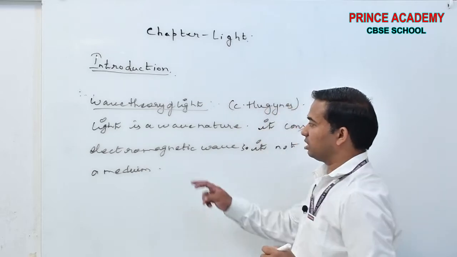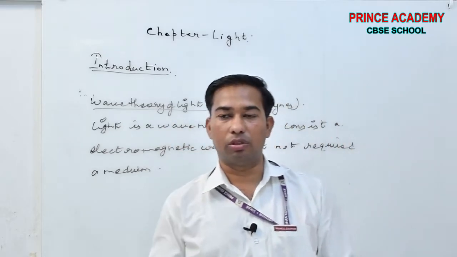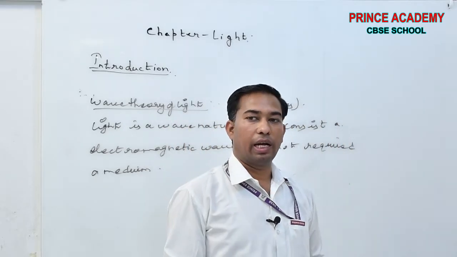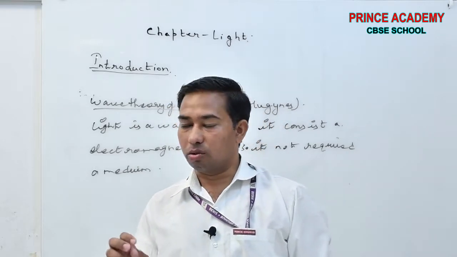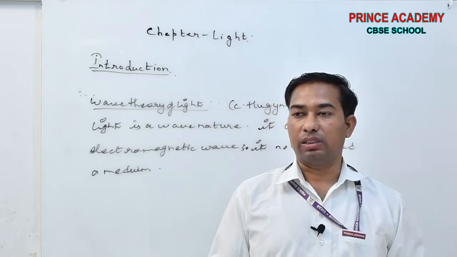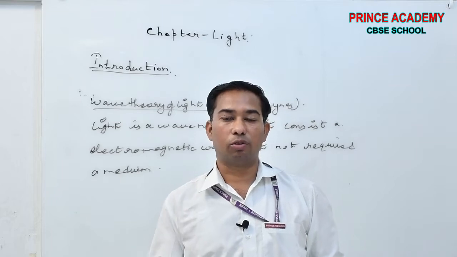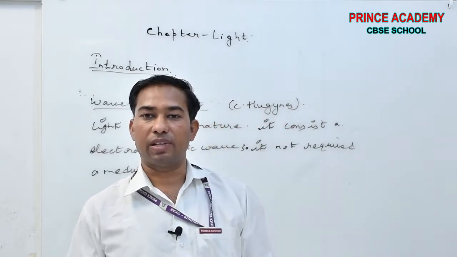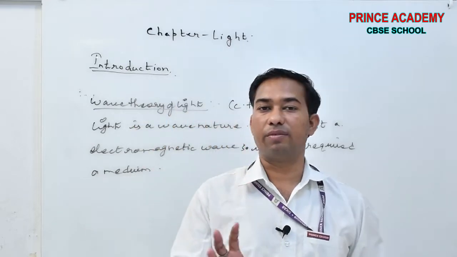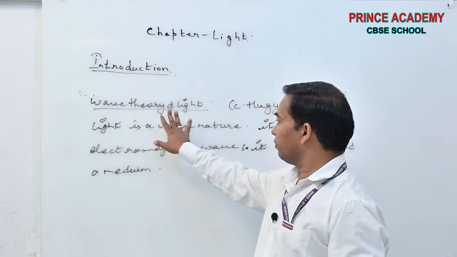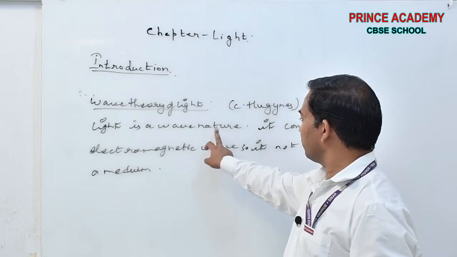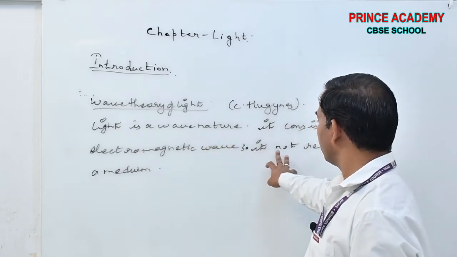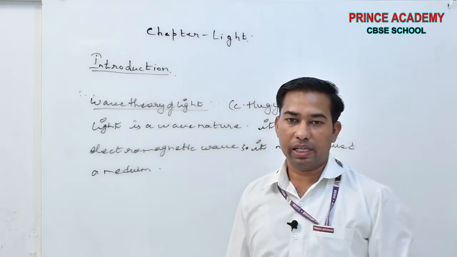How can you imagine the wave theory of light? Just like a pond where the water is still, when you dip a stone in it, layers of waves are produced outward from the place where the stone is dipped. Such waves are just like the wave theory of light. Light is of wave nature. It consists of electromagnetic waves, so it does not require a medium.